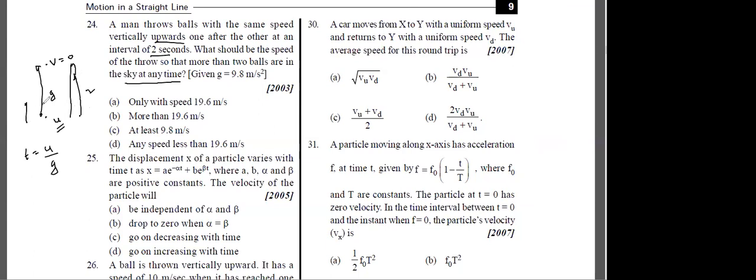The second ball which must be thrown should have velocity such that the time taken by the first ball going up and down should be greater than 2. That's why then only both the balls will be in the air. So u by g should be greater than 2.